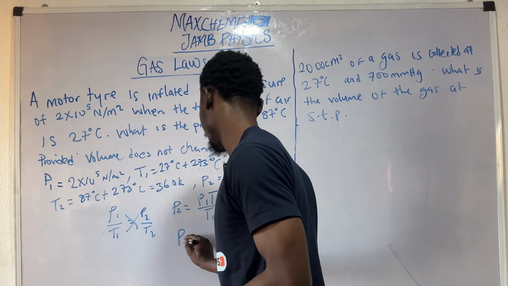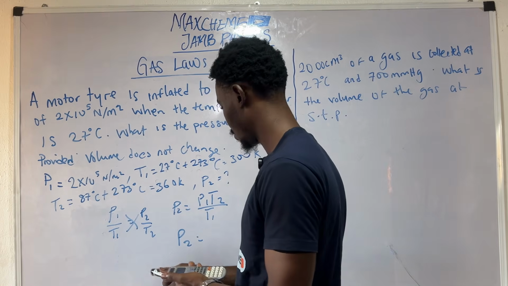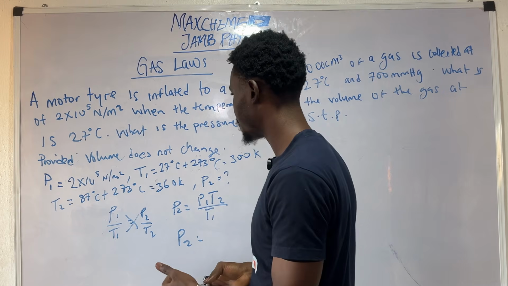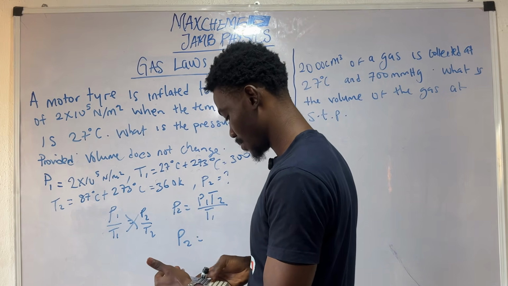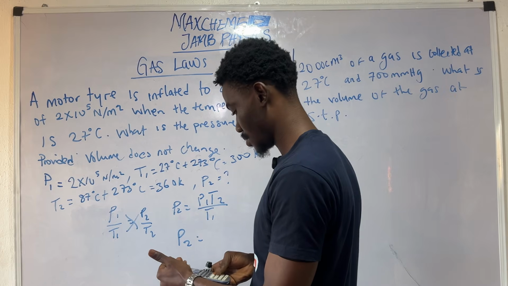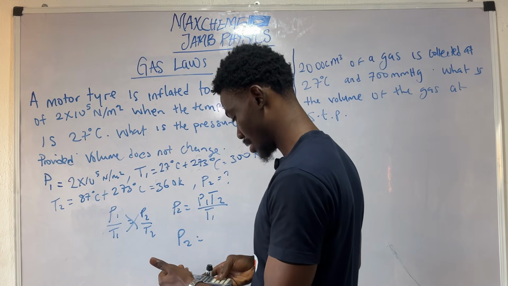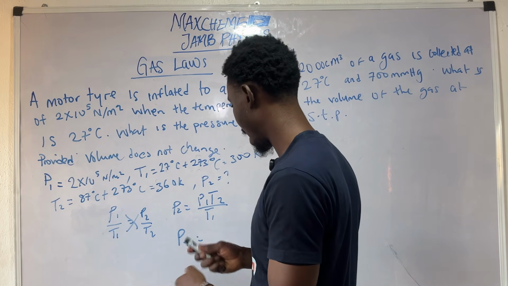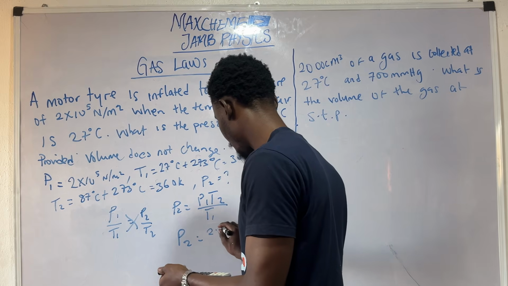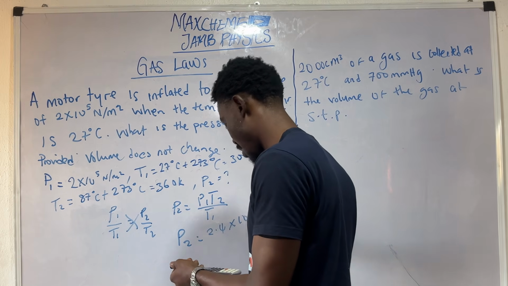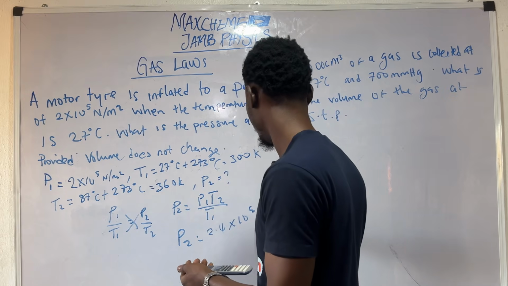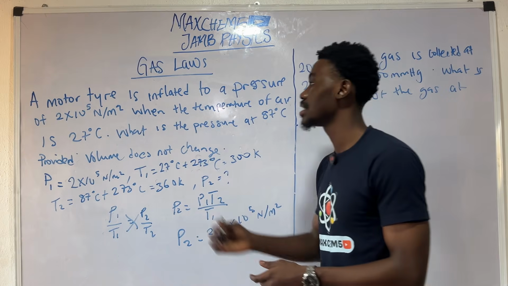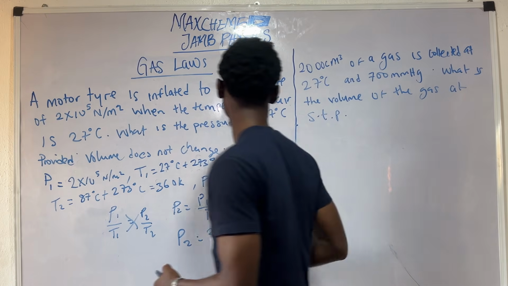P1 is 2 times 10 to the power 5, T2 is 360 Kelvin, T1 is 300 Kelvin. So we have 2.4 times 10 to the power 5 Newton per meter square. So that is how you solve a question like this involving pressure law. Moving on to the next question.